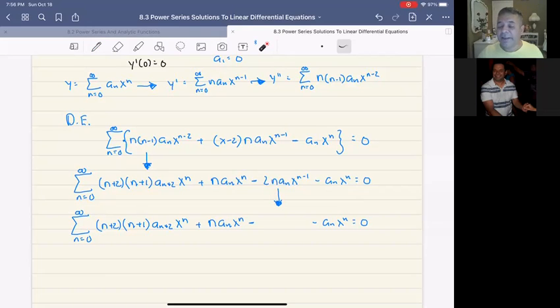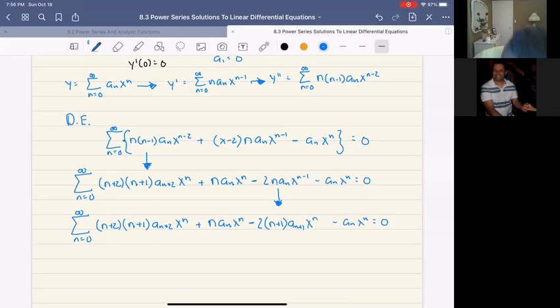So I'm going to have x to the n, but now instead of the n, it's going to be negative 2 times n plus 1, a sub n plus 1. Let's move this a little bit over. Let's keep in mind what I did there. When n equals 0, this is 0. It doesn't even come into play.